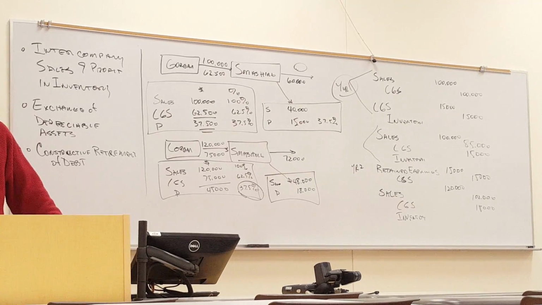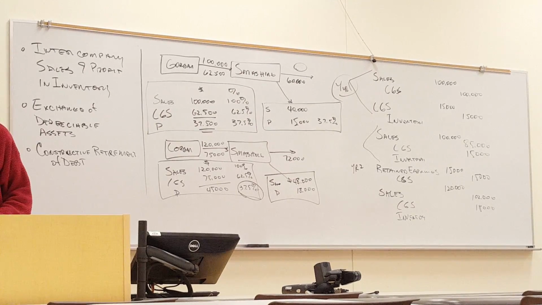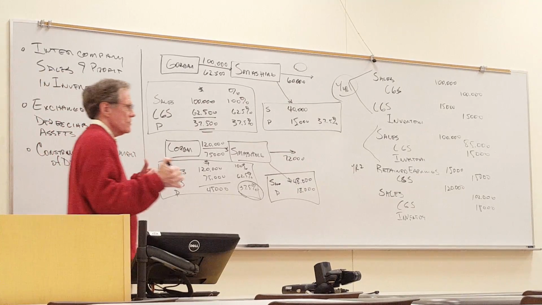Which problem was this that you worked, 15.7? This is 17 out of chapter 5. There's upstream and downstream, but I'm not dealing with the upstream and downstream issues here.